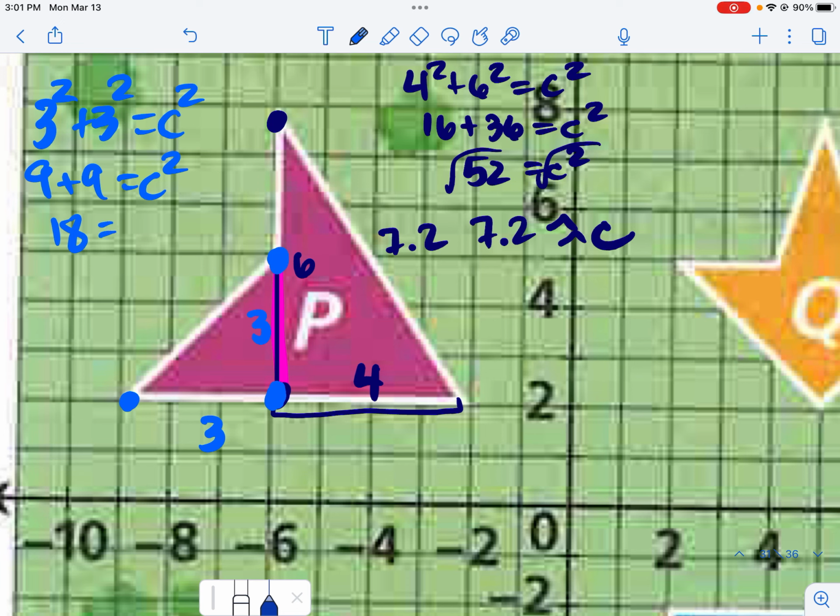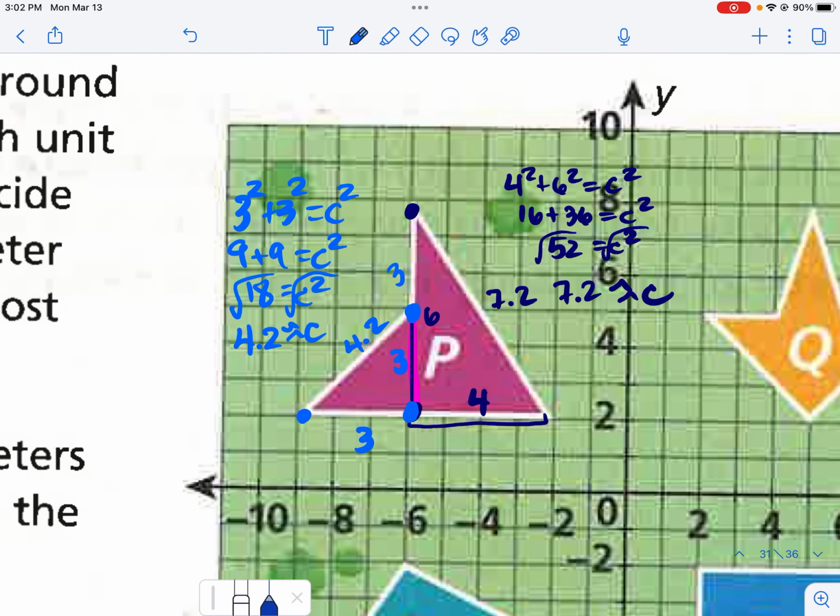So that's 18 equals c squared. Take the square root of both sides. That's just past 16, so I'm going to say 4.2-ish. So we have 4.2 there. We have 3 here. So let's add all those up.